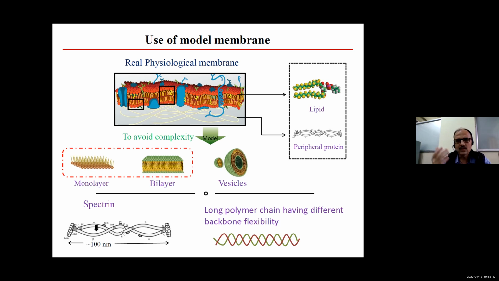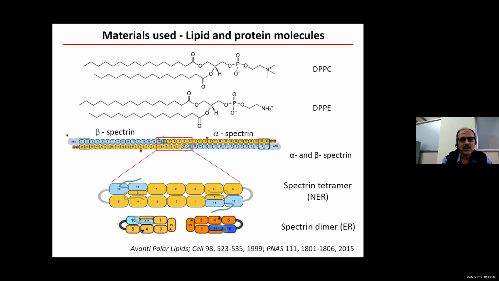So the PC and P is the head group that I draw in blue, and DM and DP is the long chain. So these are the molecules DPPC and DPP, where you have this long hydrocarbon chain that we have drawn with this curvilinear structure, and a head group which is PC or P.